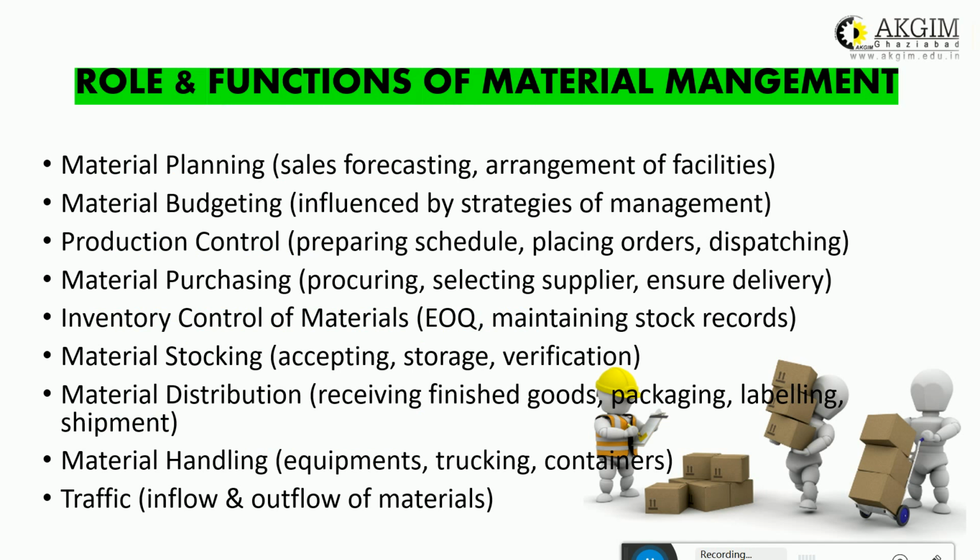Then production control involves preparing schedules, placing the orders, and dispatching the material. Purchasing includes procurement, selecting the suppliers, and ensuring the delivery. Inventory control of material talks about EOQ, maintaining the stock records, and material stocking.